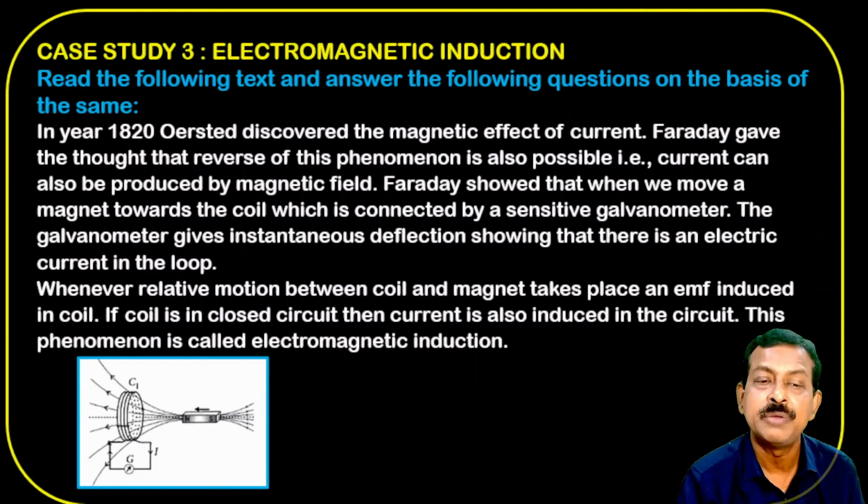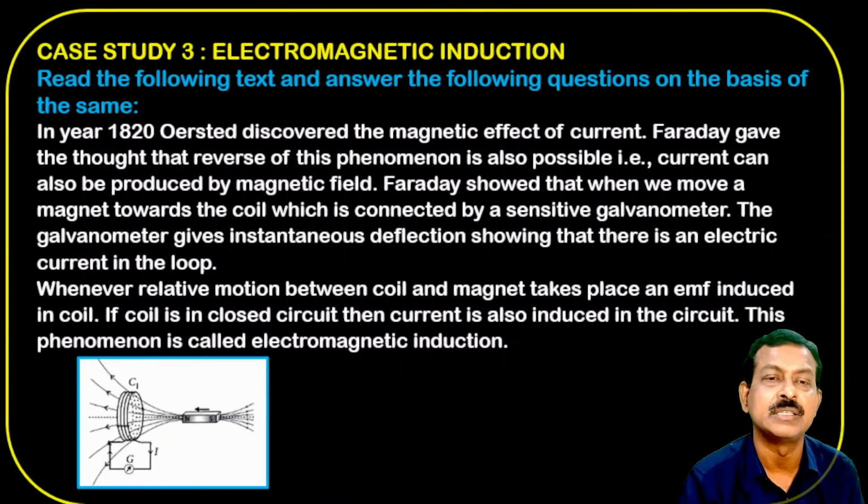Whenever relative motion between the coil and the magnet takes place, an EMF is induced in the coil. If the coil is in a closed circuit, then current is also induced in the circuit.